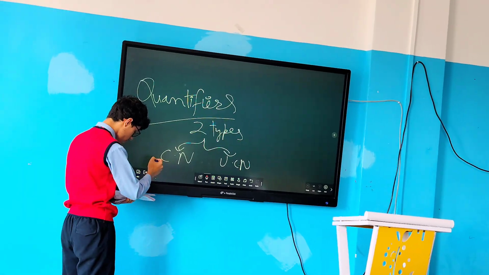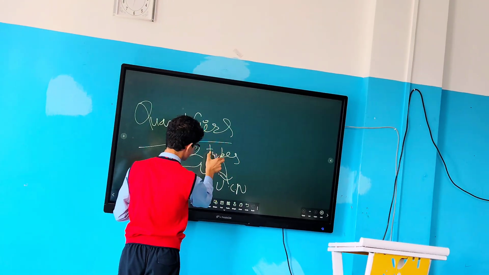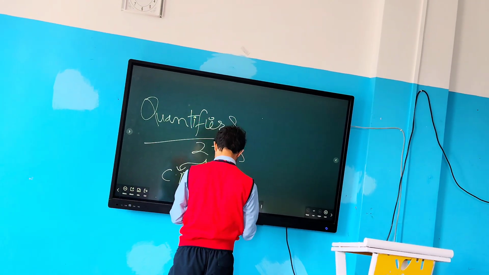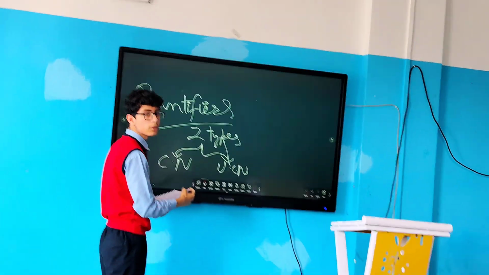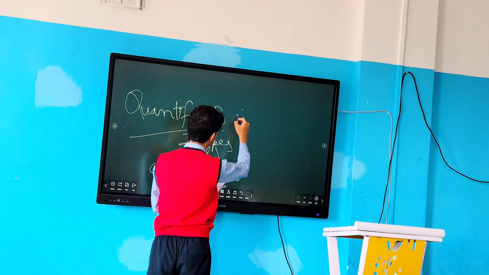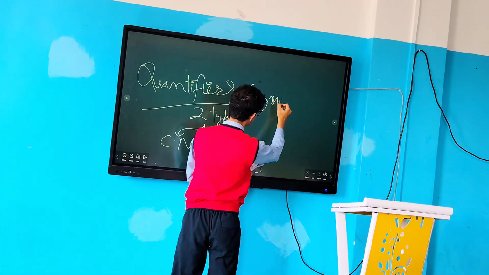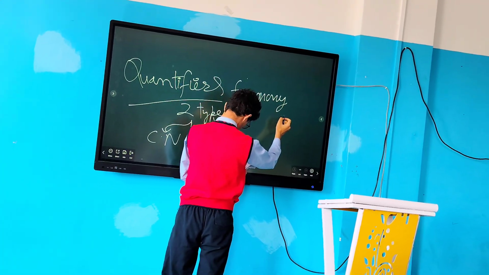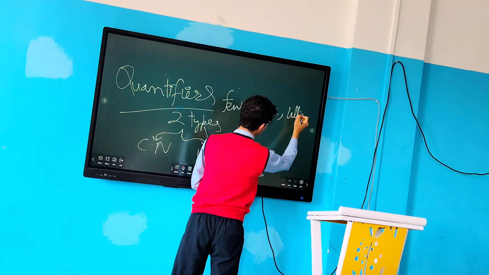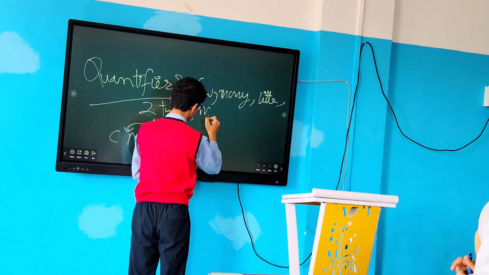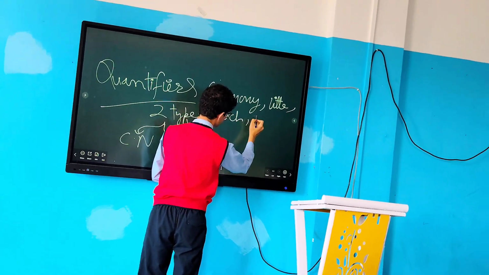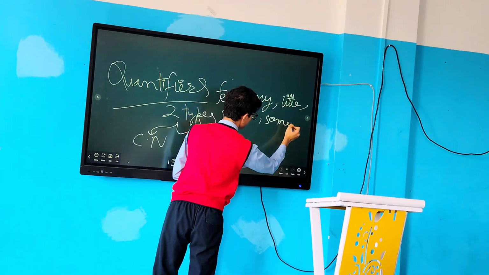For example, the quantifiers are few, many, little, much, some, etc.